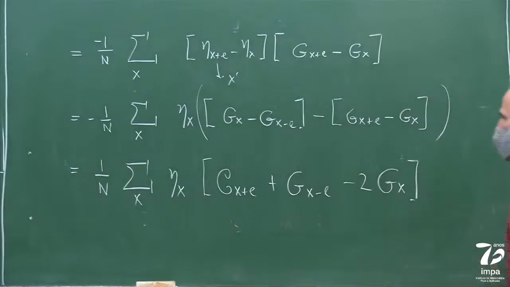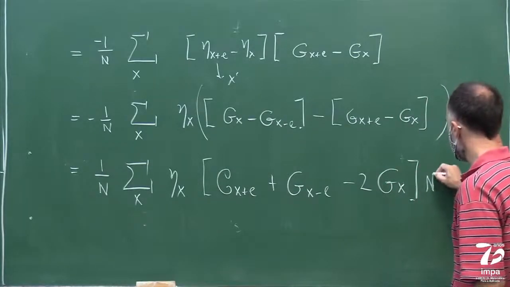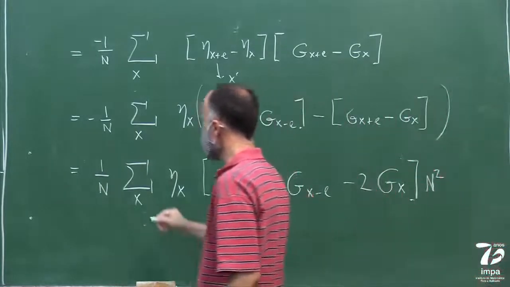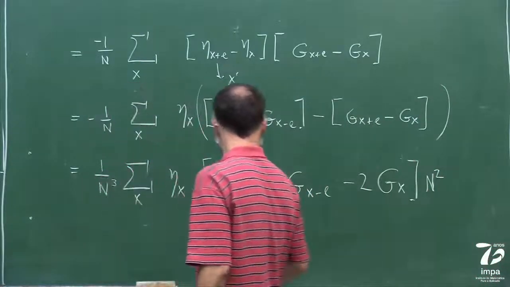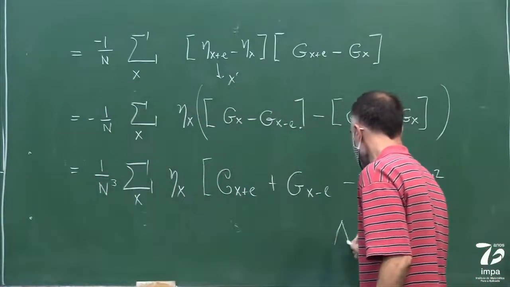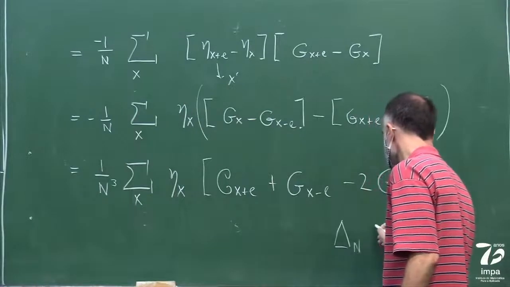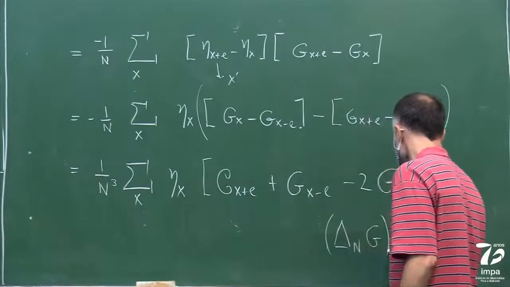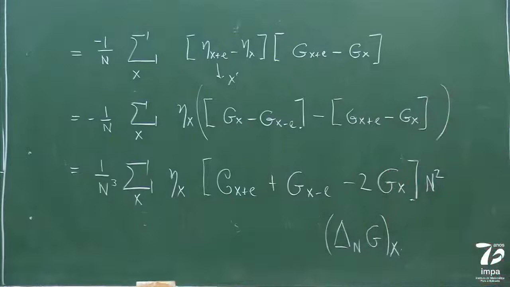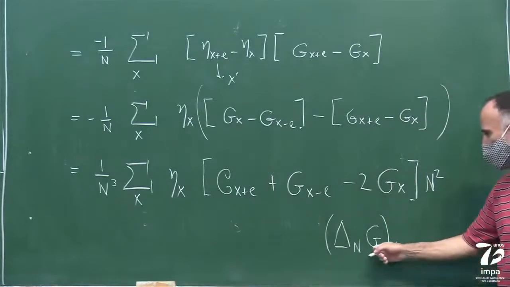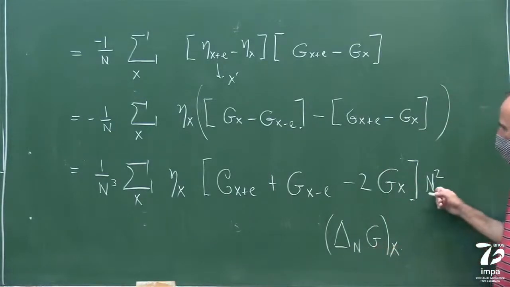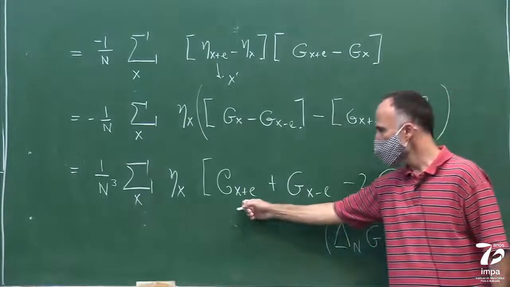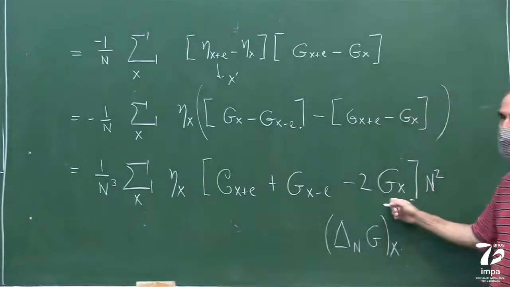And this, I will multiply by n squared and divide by n squared, so I get n cubed here. And this is what I will call the discrete Laplacian of g at x. So the discrete Laplacian of g at x is just n squared times g x plus e plus g x minus e minus 2 times g x.